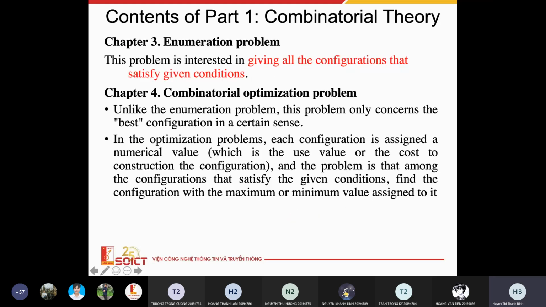So do you understand the problems in combinatorial theory? Do you have any questions?